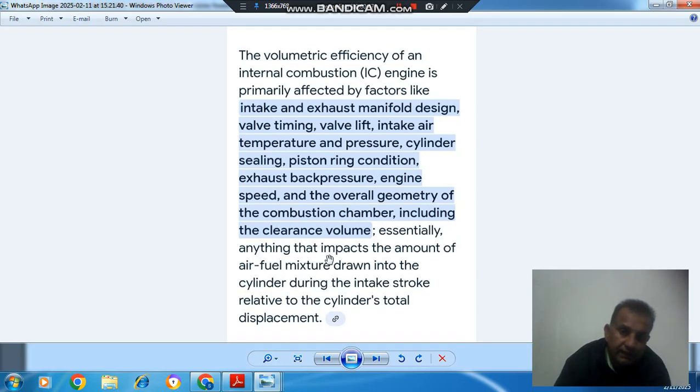Essentially, everything that impacts the amount of air-fuel mixture drawn into the cylinder during the intake stroke relative to the cylinder's total displacement. So now we will discuss these factors in detail.